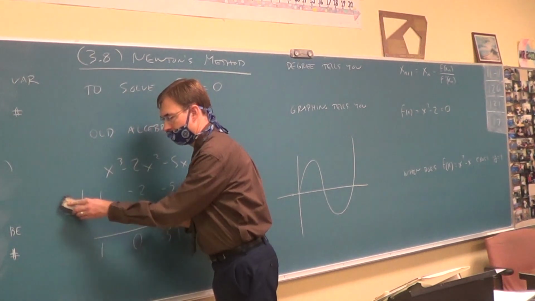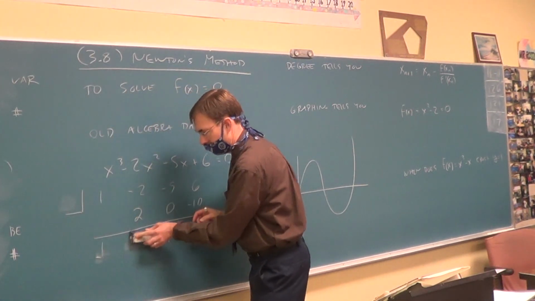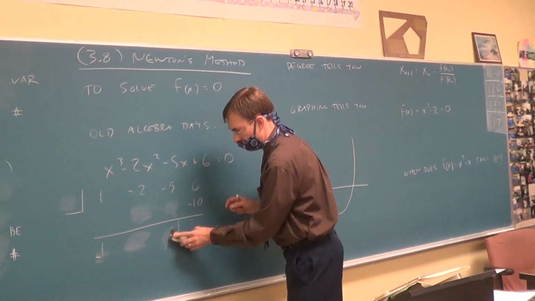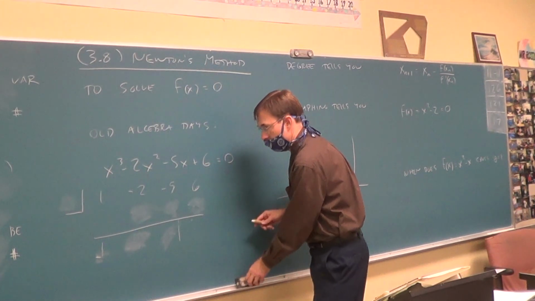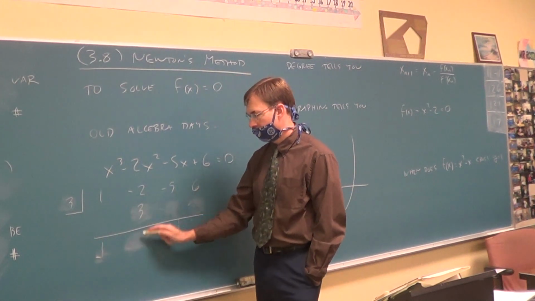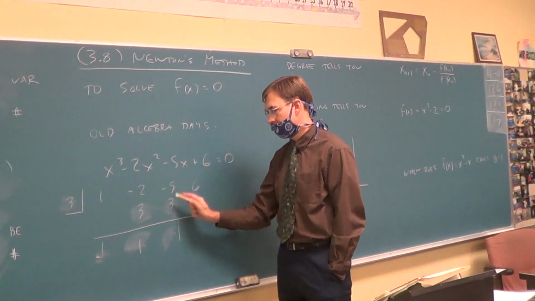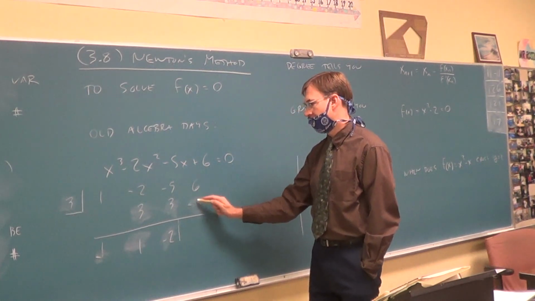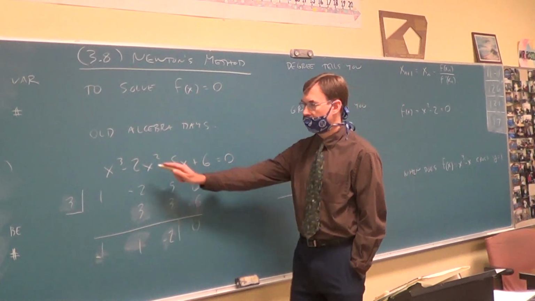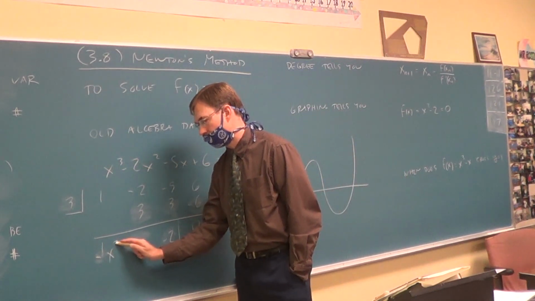So then you go back to the drawing board and you guess another number other than 2. So go ahead, guess another number. 3. So we get 3, we drop the 1, times 3, add down, times 3, add down, times 3, jackpot. This was x cubed, so this is x squared.